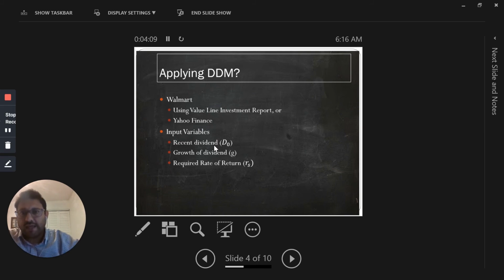So we can use this dividend discount model on Walmart, and we can gather the information from many sources, for example, the Value Line investment survey reports and Yahoo Finance. So these three variables are important to use in order to find the present value of the stock using the perpetual dividend growth model.